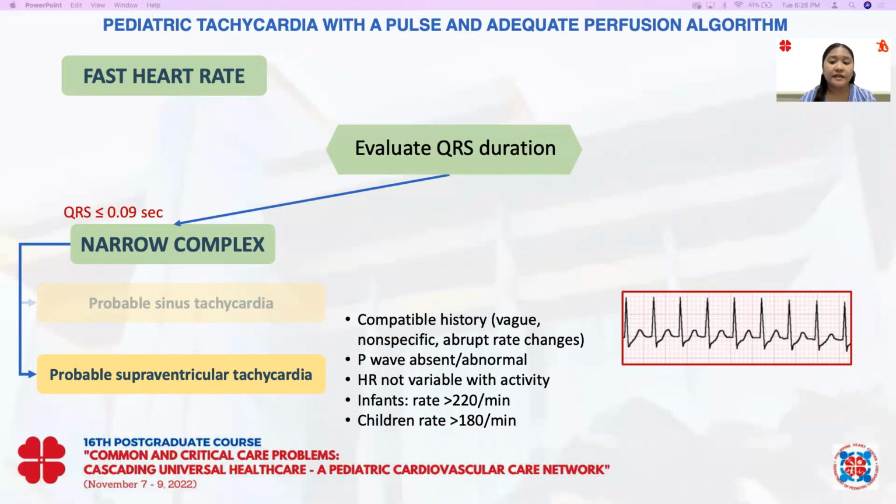In SVT, the rapid rhythm starts and stops suddenly even without a warning. SVT is an abnormally fast rhythm originating above the ventricles. It is most commonly caused by a re-entry mechanism that involves an accessory pathway or the AV conduction itself.